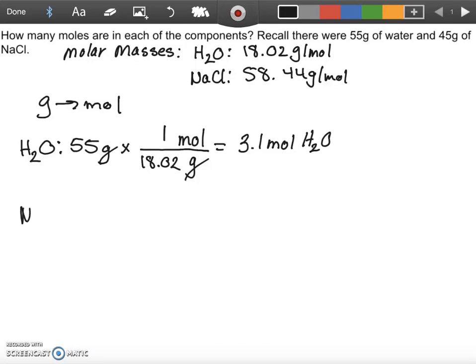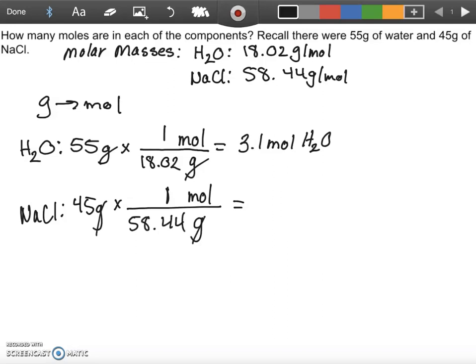Now for the NaCl, same thing. There are 45 grams available, and we're converting those to moles. Again, same idea, and the molar mass is 58.44 for sodium chloride.